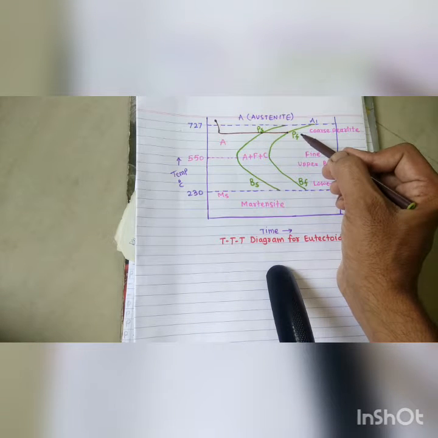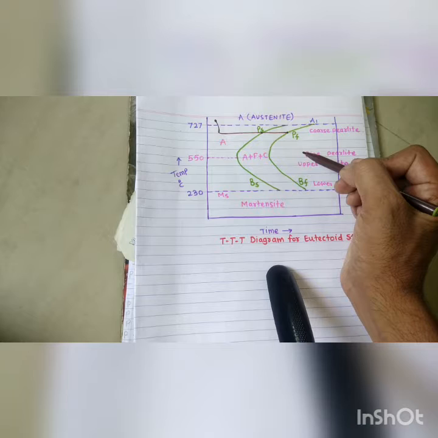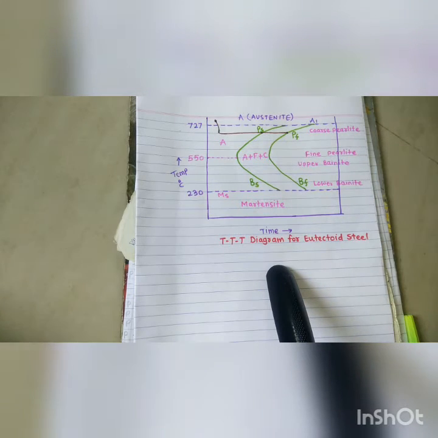Let us go for the second transformation, austenite to fine pearlite transformation.